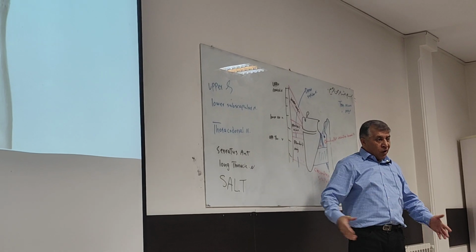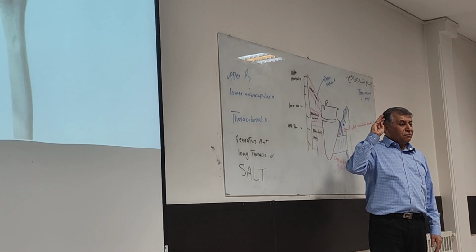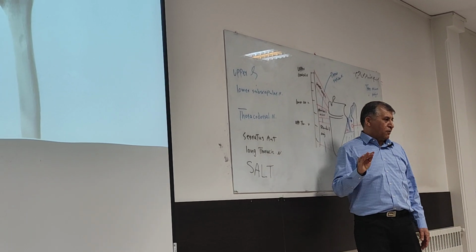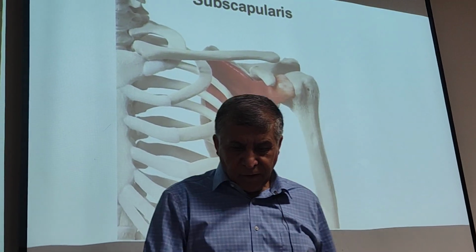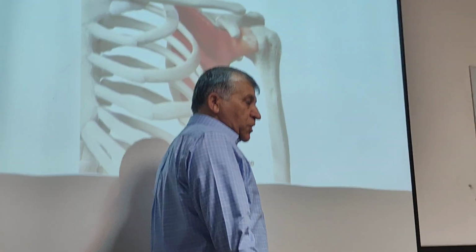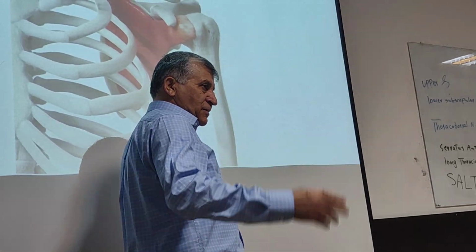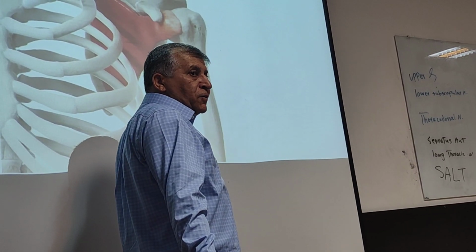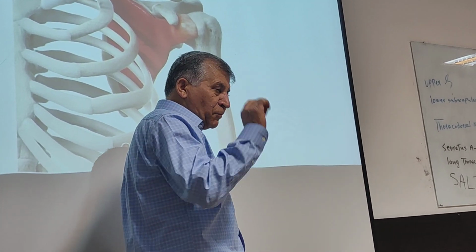Which muscles are involved in adduction and medial rotation? Latissimus dorsi, pectoralis major, teres major, and subscapularis. Okay? For this reason, lateral rotation is very difficult, because only two muscles are involved: infraspinatus and teres minor. Teres minor is small.